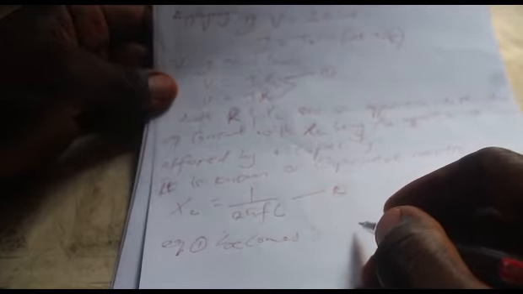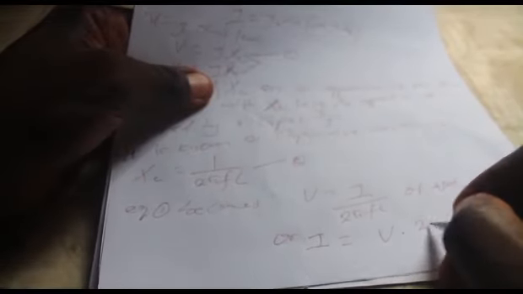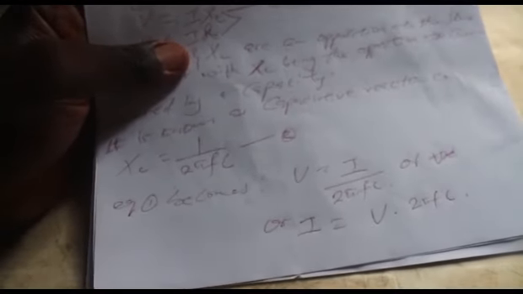Equation 1 becomes V is equal to I all over 2 pi fC, or I is equal to V multiplied by 2 pi fC, where all symbols carry their usual meaning.